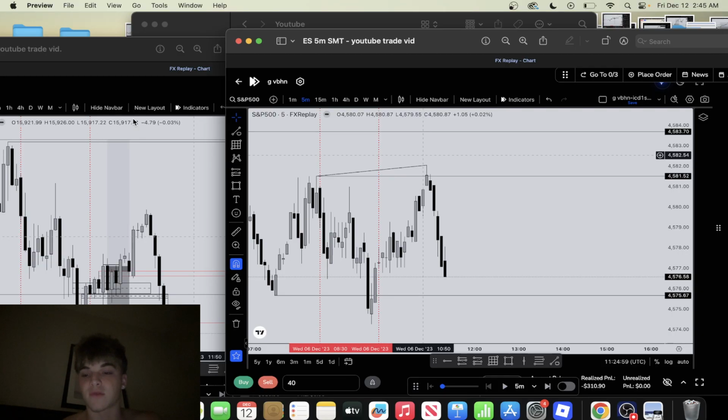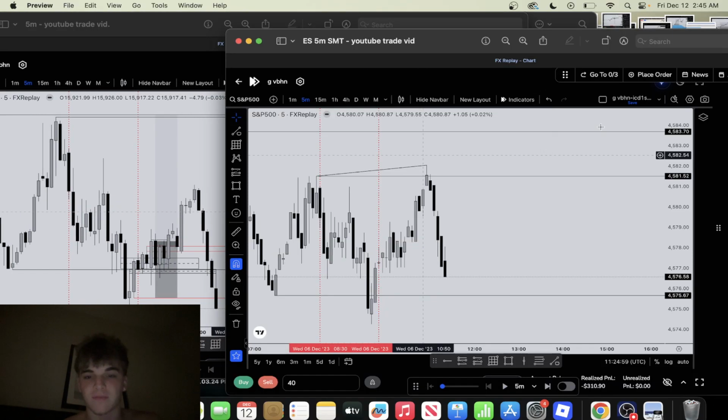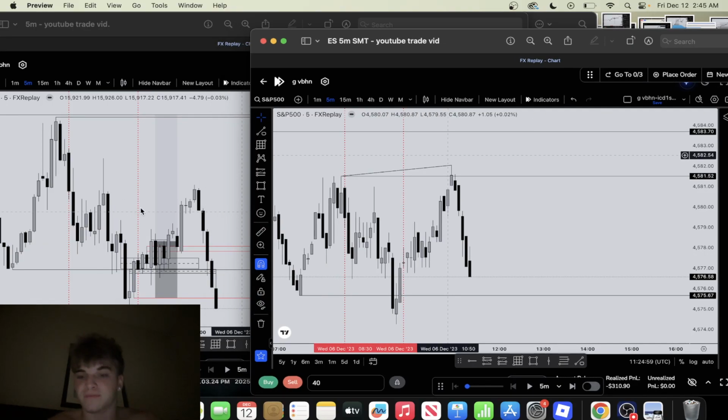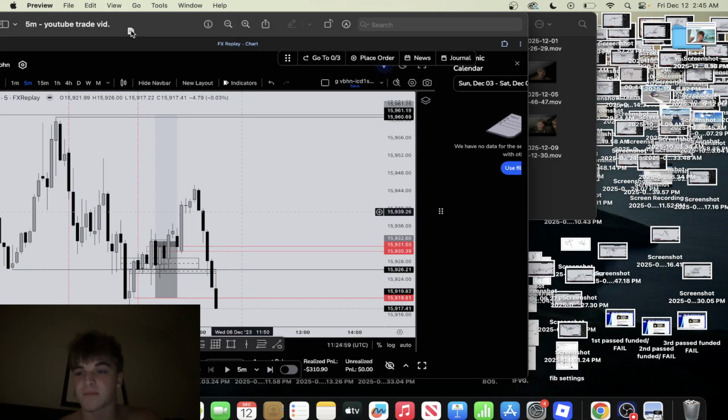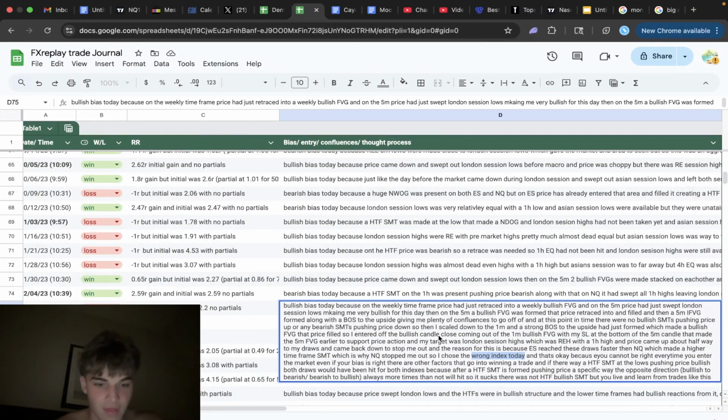So, oh wait, I don't even know if y'all can see this, because of my camera. But yeah, fellas. SMT, high time frame, ended up reversing on us, and I chose the wrong index. That's fully on me, and that's okay because you cannot be right every time you enter the market.